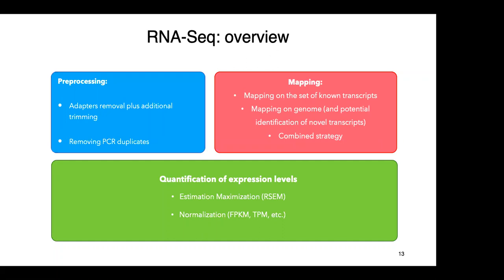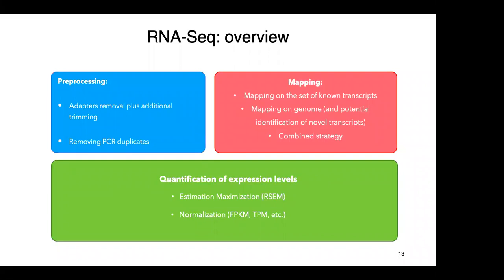Then we take the cleaned up read sequences and map them onto a reference genome using the FASTQ files for sequences and the GTF file for annotation. Based on the quality of the annotation, we can use various strategies for mapping.